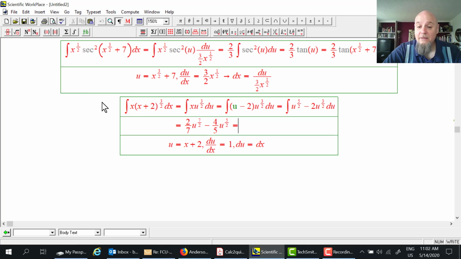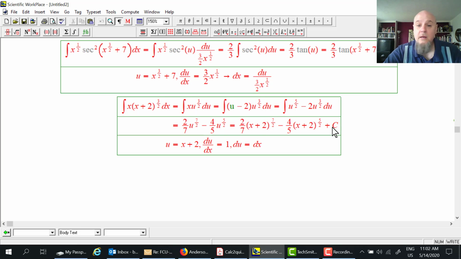I can put back in for what u is. u is equal to x plus 2. So everywhere there's a u, I'm going to put an x plus 2. I'm not yet done. Got to put a plus c, and now I'm done.